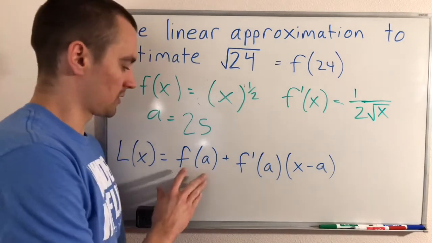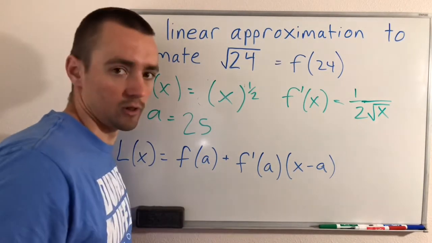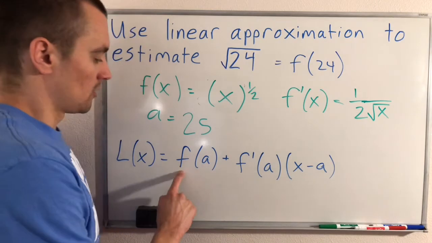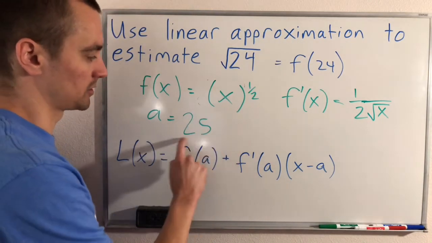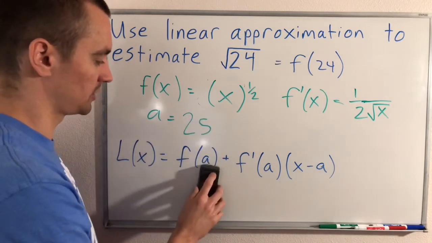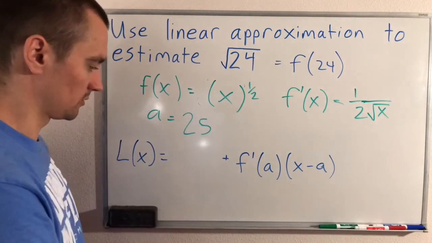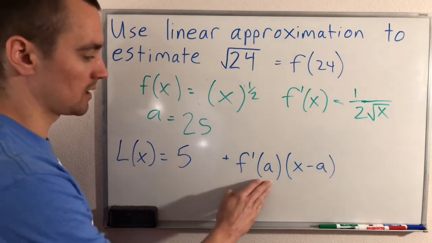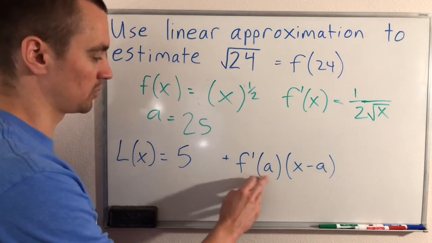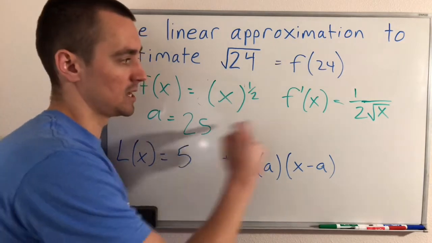So now we want to start plugging these different pieces into our linearization formula. So f of a is just going to be plugging 25 into our function f, which is just going to be square root of 25, which is 5. So we'll just replace that with a 5. And then we're going to get f prime of a, which is just plugging our a, 25, into f prime.